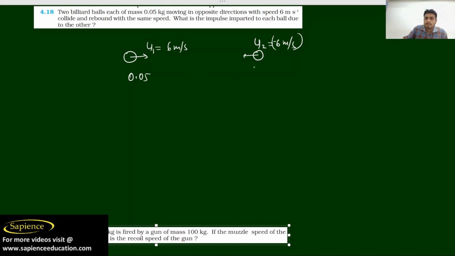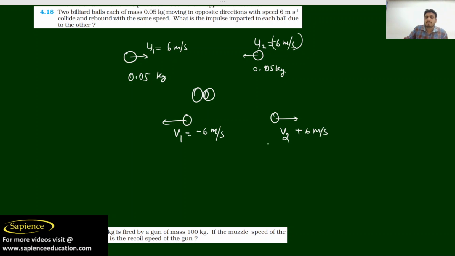As they collide, they will move in different directions. The velocity v1 will be equal to minus 6 meter per second, and velocity v2 will be equal to plus 6 meter per second.